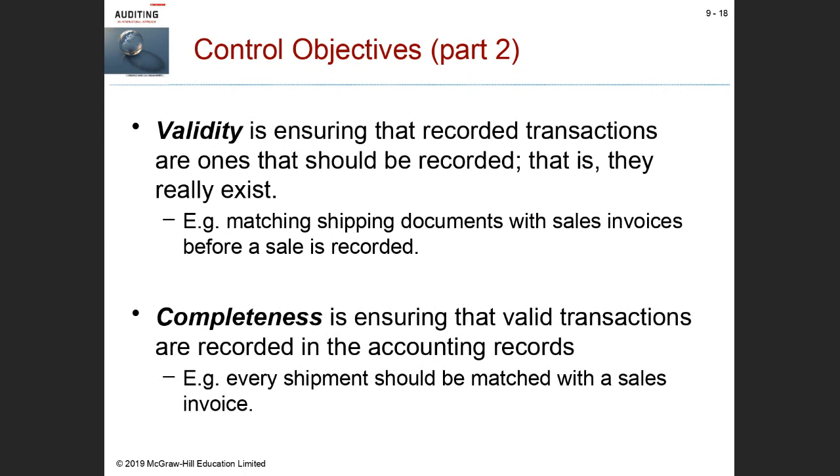You want to ensure all valid transactions are recorded. So when items are shipped, we have shipping documents. We want to ensure that that sale has been recorded. How do we ensure the completeness of sales invoices? We trace every shipping document to a sales invoice. Okay, so the directional testing is very important in terms of which internal control objective you are satisfying. So these are the first two.